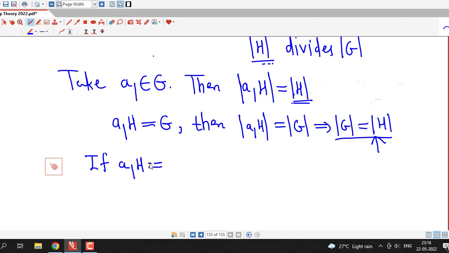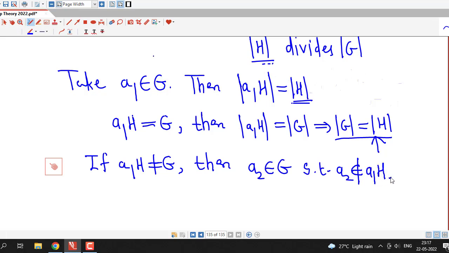suppose A1H is different from G, then there exists some element, say A2 in G, such that A2 is not present in A1H.